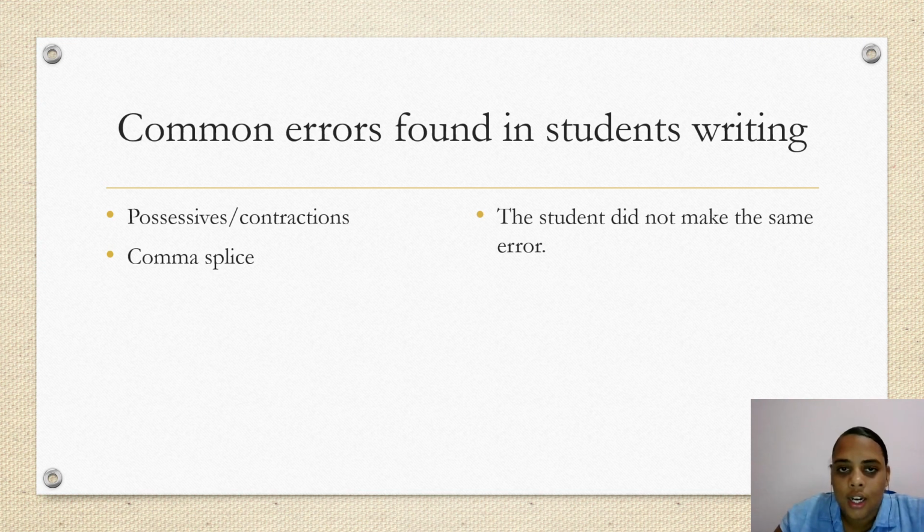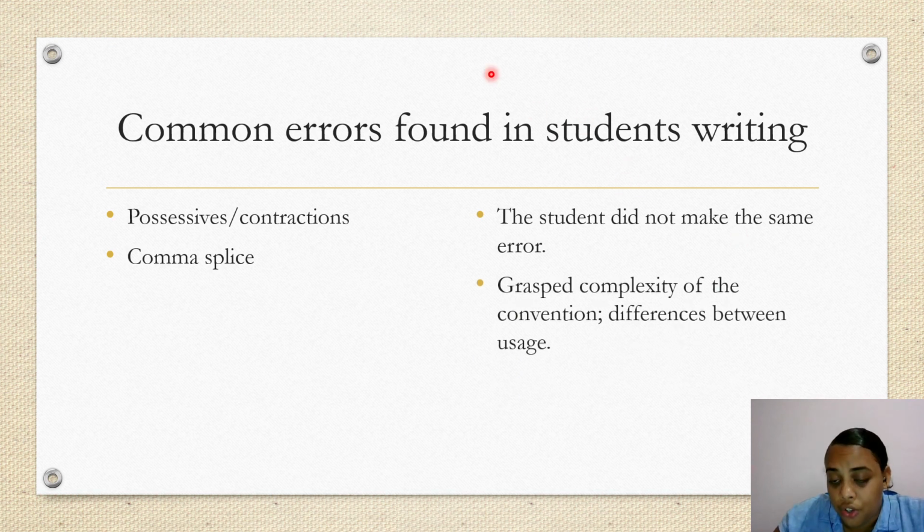Second to that, Joyce identified the comma splice as a second major error in students' writing. In this student's journal entry on the comma splice, the student found that typically the comma splice is misused in place of a semicolon.